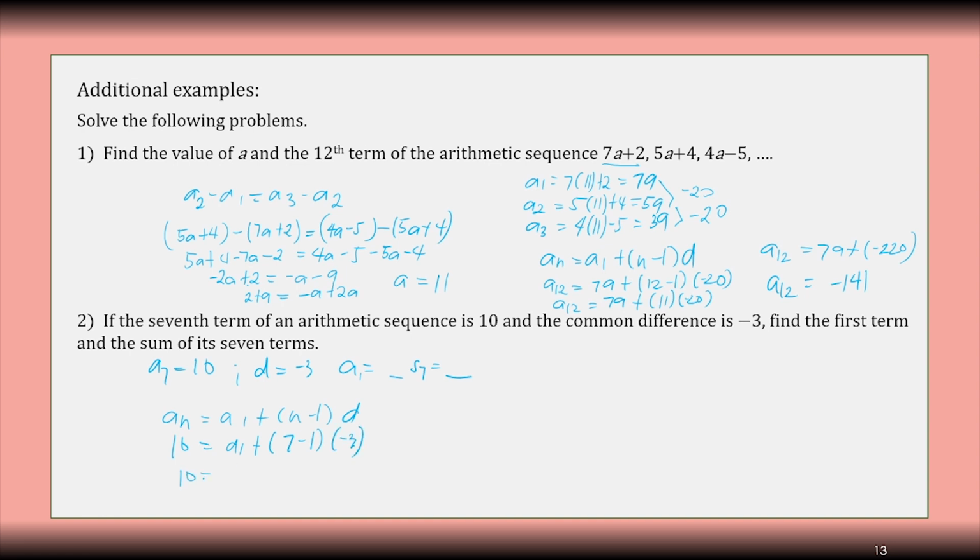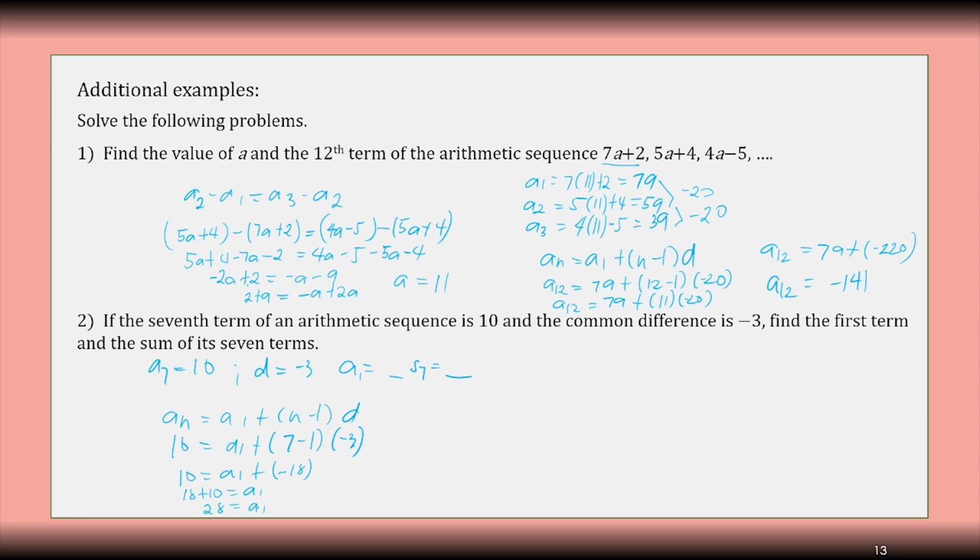So, 10 is equals to A sub 1 plus, pag pinag-minus natin yan, ang sagot dyan is 6 times negative 3 is negative 18. So, pag nilipat natin yan, magiging positive 18. So, 18 plus 10 equals to A sub 1. So, ang A sub 1 natin is 28.